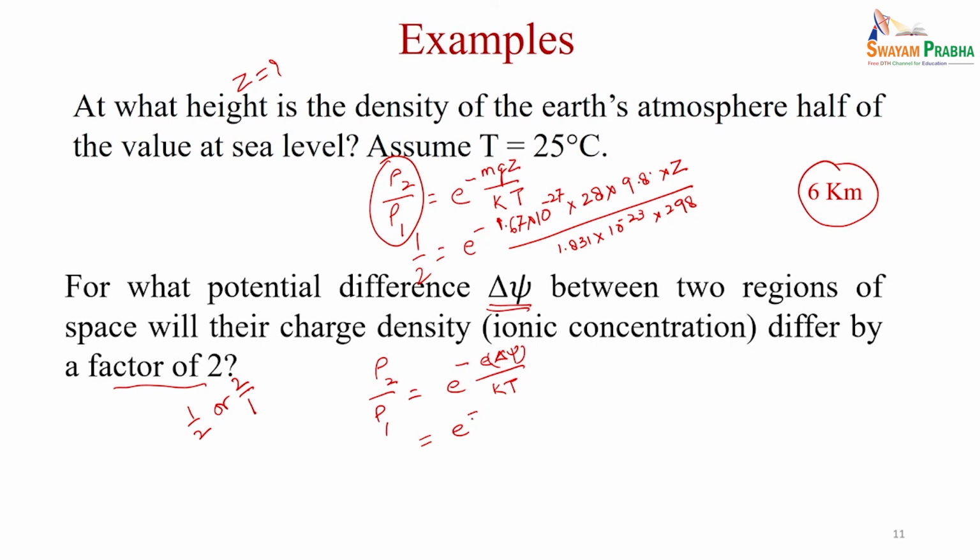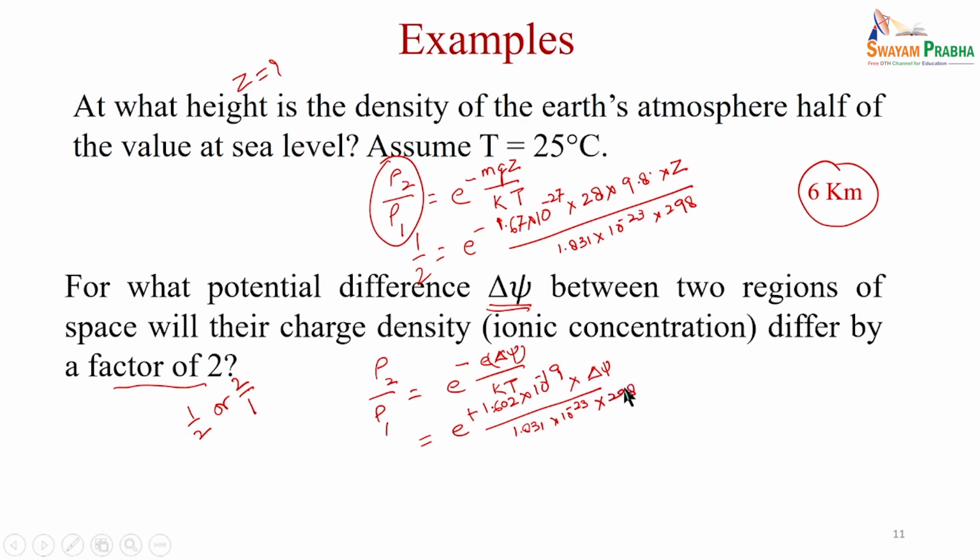It is already negative, so it will be plus 1.602 into 10 to the power minus 19 into delta psi upon k, 1.381 into 10 to the power minus 23, Boltzmann constant, into temperature 298.